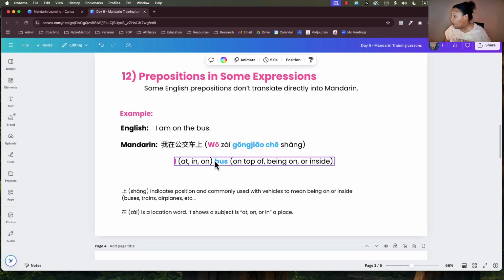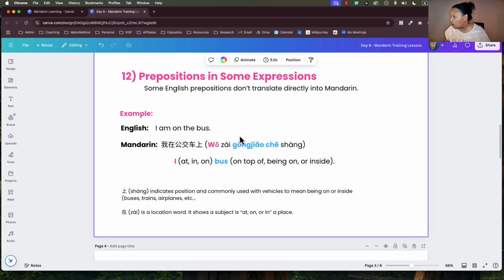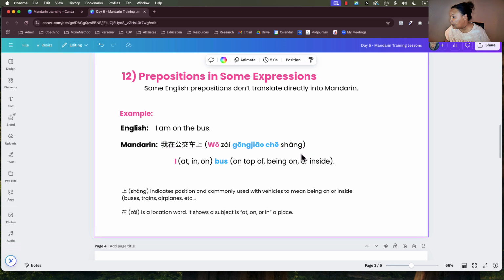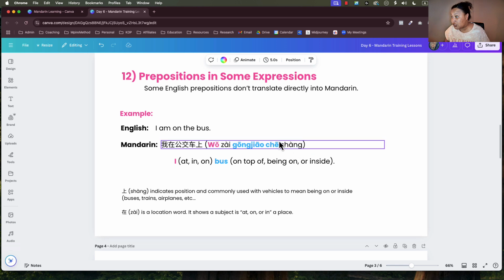In Mandarin, they would say, wo zai, zhan zhao, che shang. I think that's a ch. It's a ch.